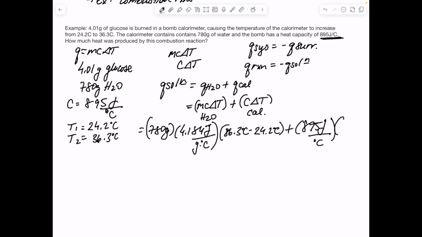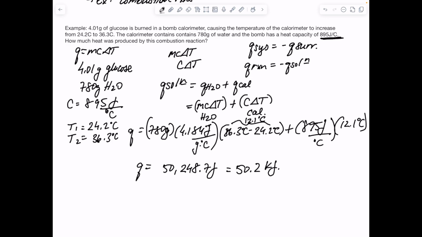And that 36.3 minus 24.2 is 12.1 degrees Celsius. So this is the Q solution, if you will, or Q surroundings. If we plug that into our calculator, you're going to end up with 50,248.7 joules, or 50.2 kilojoules.